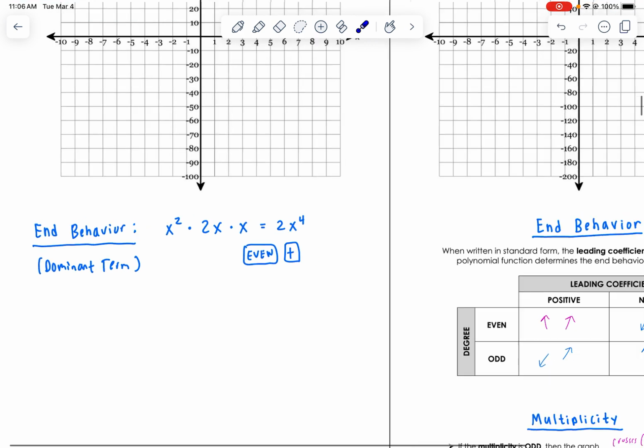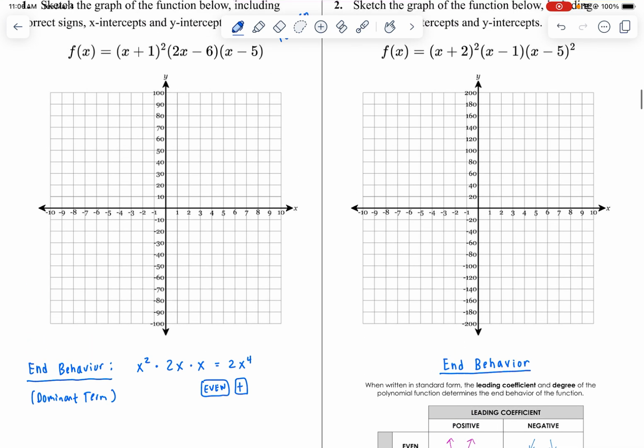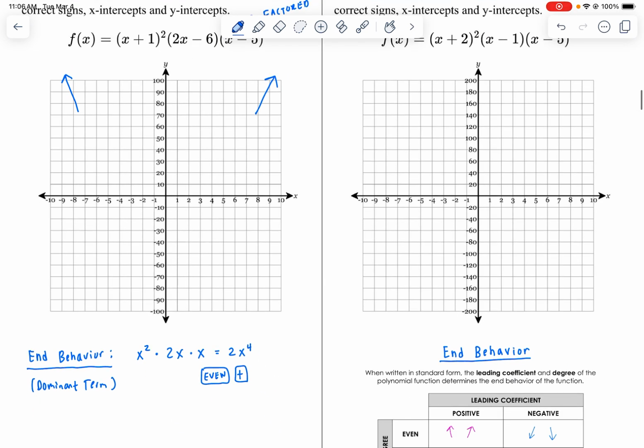So looking back at our end behavior chart, for an even degree polynomial with a positive leading coefficient, well, we're going to be in this region right here. Both arrows are going to be going up. The ends are going to be pointing up. So on the graph here, we know that at some point the graph has to be going up in both ends. So that covers the end behavior portion of the graph.